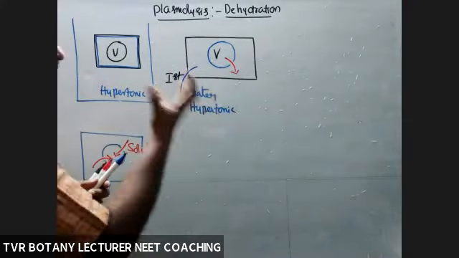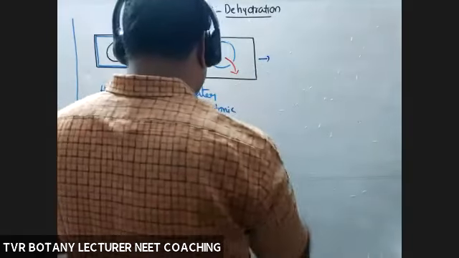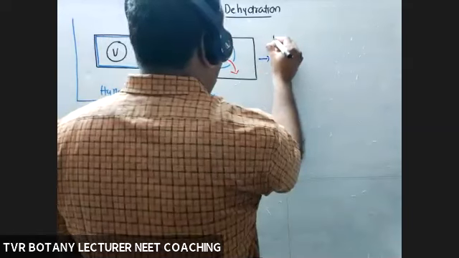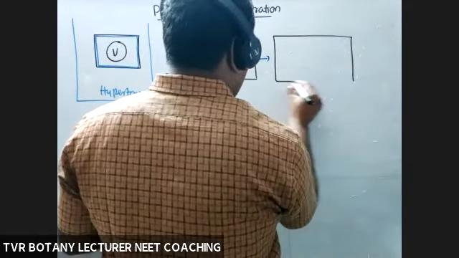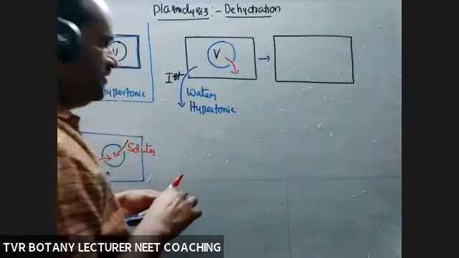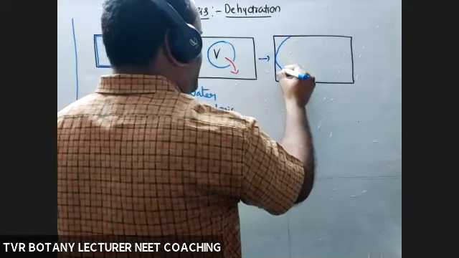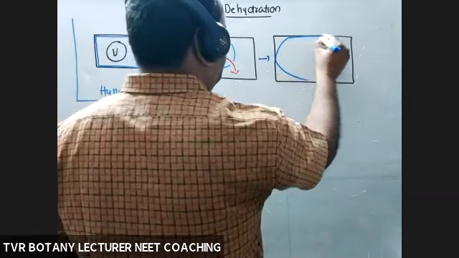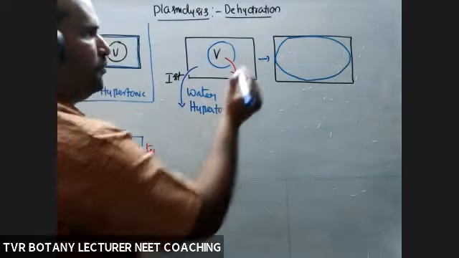After withdrawal of a certain amount of water, what happens to the cell membrane? This is the rigid cell wall. The plasma membrane is separated from the cell wall at the corners.